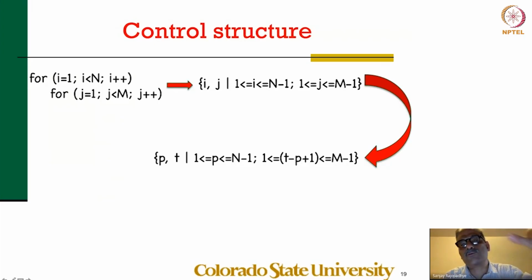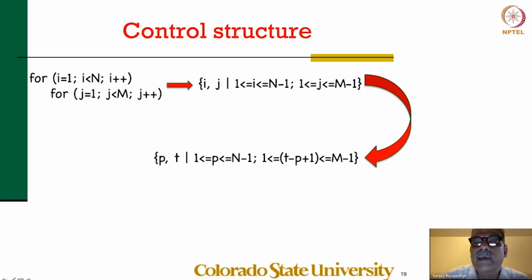So if you look at the constraints and don't look at the symbols or expressions, 1 less than or equal to the first coordinate less than or equal to n minus 1. I apply the inverse mapping to PT, and I get 1 less than or equal to P, which is the first coordinate, less than or equal to n minus 1, and 1 less than or equal to T minus P plus 1 less than or equal to m minus 1.